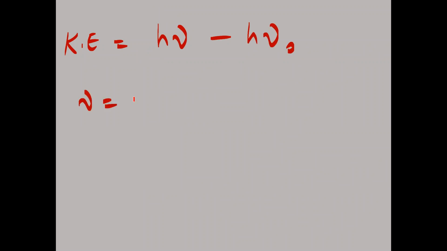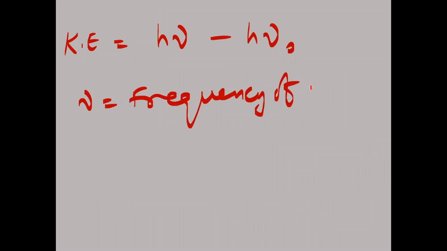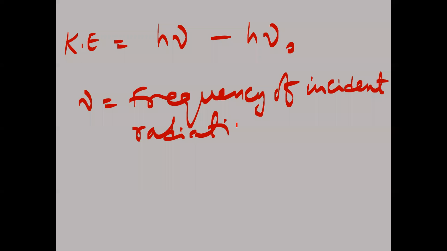Now next one. Here what have we taken? Kinetic energy is equal to h nu minus h nu naught. What is nu here? Frequency of the incident radiation, in hertz.